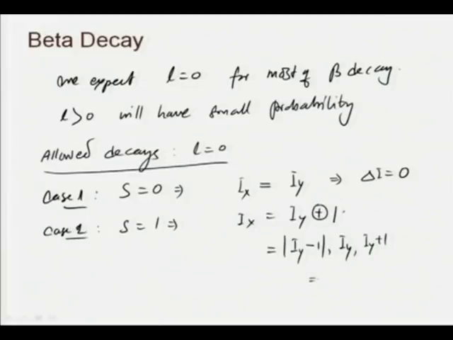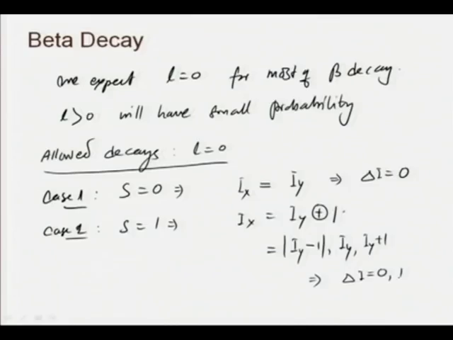Here again, if I x is equal to I y, then delta I is equal to 0. If I x is equal to I y plus 1 or I y minus 1 in magnitude, delta I is equal to 0 or 1 are the possibilities. So, it is possible to either have delta I equal to 0 or delta I equal to 1 in the case of L equal to 0.